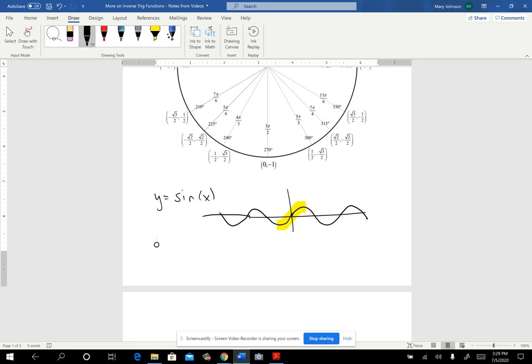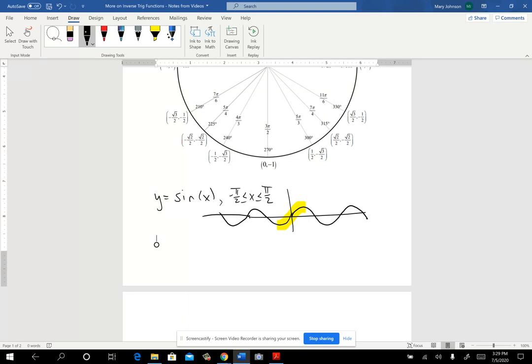Okay, we restricted the domain of the sine, and we restricted it to be where x was going to be between negative pi over 2 and pi over 2. Okay, and by doing that, we snipped a piece of that is now going to pass the horizontal line test.